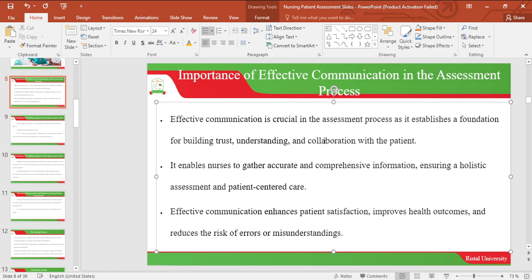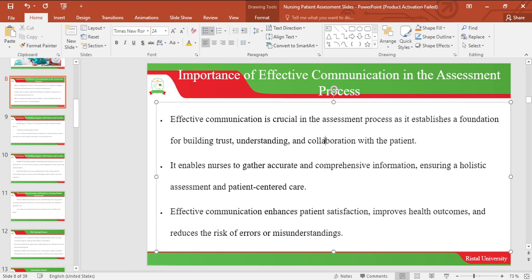The other point on the importance of effective communication in assessment is that it enables the nurse to gather accurate and comprehensive information. When the nurses are able to do this, it will ensure the provision of a holistic assessment and patient-centered care.